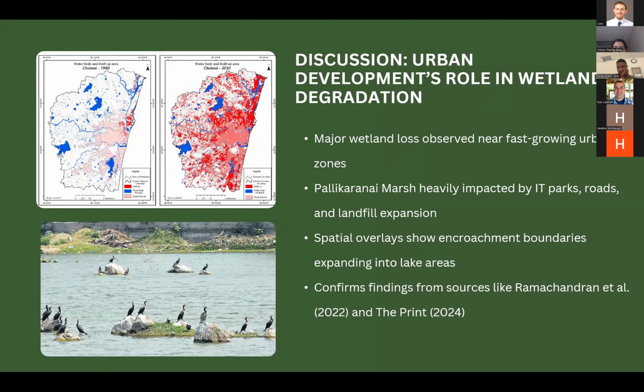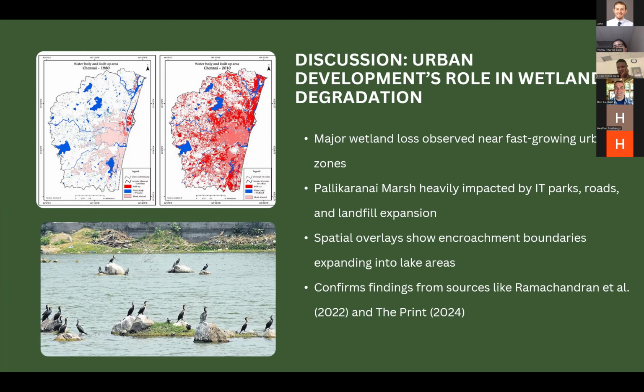Moving on to discussion. Urban expansion has been one of the primary factors driving this degradation of Chennai wetlands. Most of the affected wetlands lie in the most rapidly developing areas. For example, Pallikaranai Marsh, which was once a vibrant and ecologically rich wetland, is now a landfill, a residential complex, and a commercial development area.